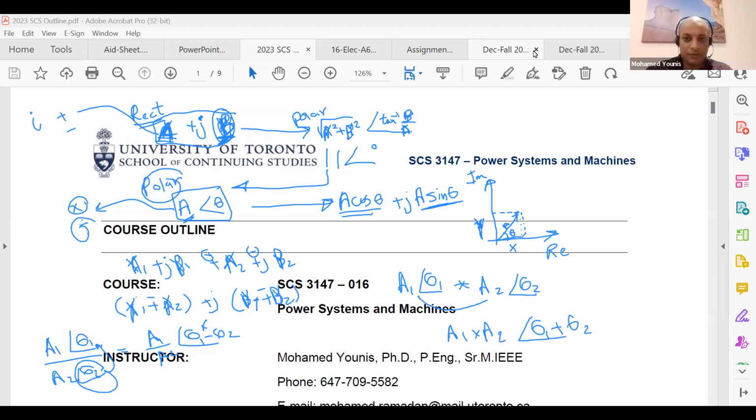Any question or comment for polar and rectangular? In the exam, you don't have to show all the steps, but definitely if you feel comfortable to include them, that's okay, as long as you do it in a reasonable time, not to waste time.